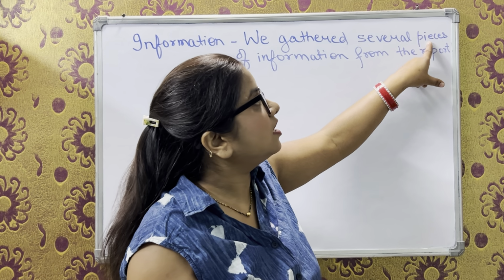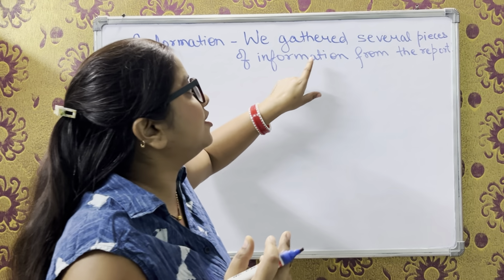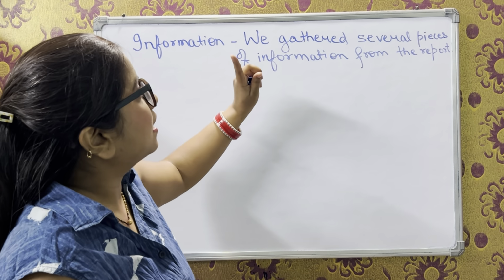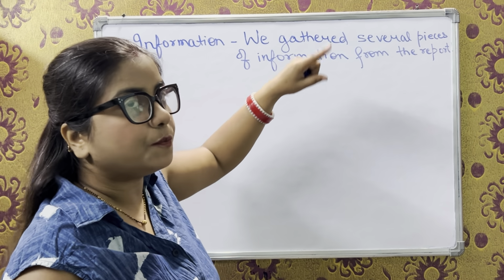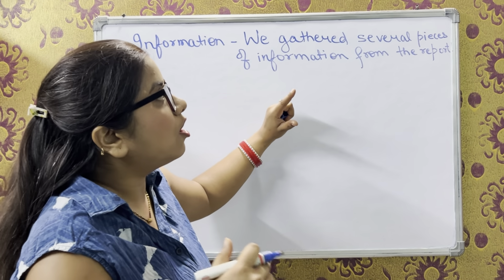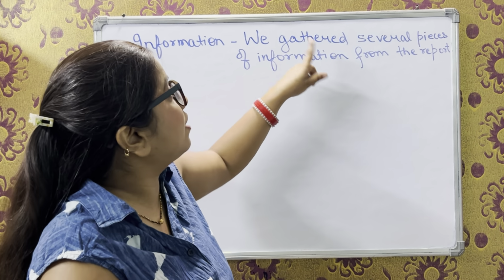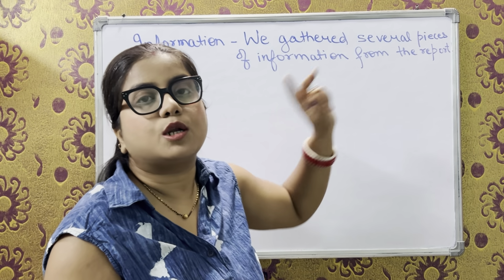We can measure 1 piece, 2 pieces, 3 pieces, but we cannot measure information. So we can say we gathered 1 piece of information or 2 pieces of information, or when we have more than 1 piece, we can write it as several pieces of information from the report.